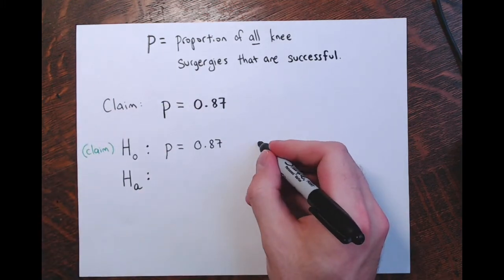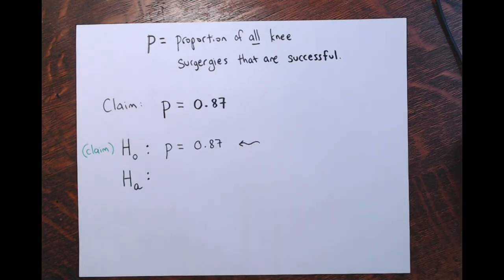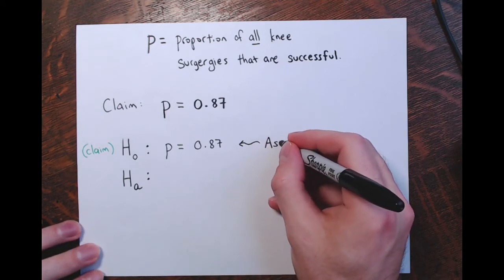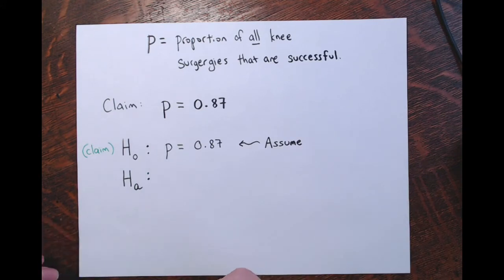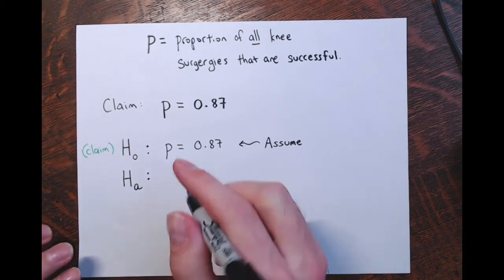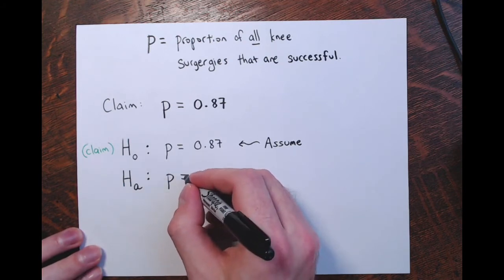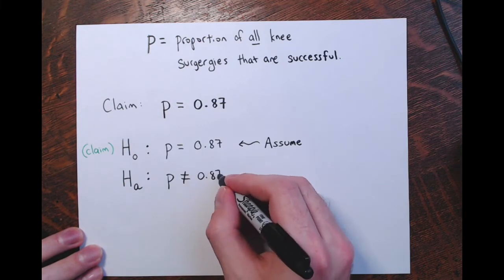And remember, the null hypothesis, the equality, is what you're going to be assuming is true, and then deciding whether or not to reject that assumption later. So we're going to assume that the proportion of knee surgeries that are successful is 87%. These are opposing statements, so the alternative hypothesis would be that P is not equal to 0.87.